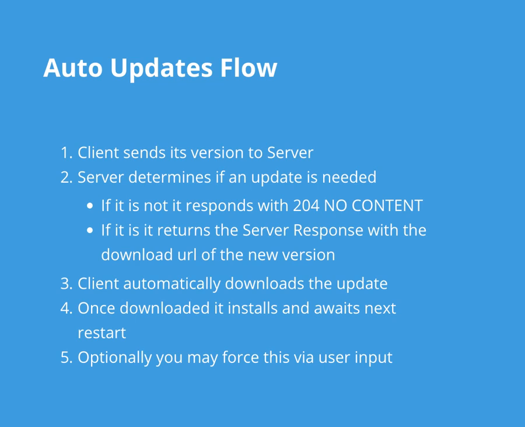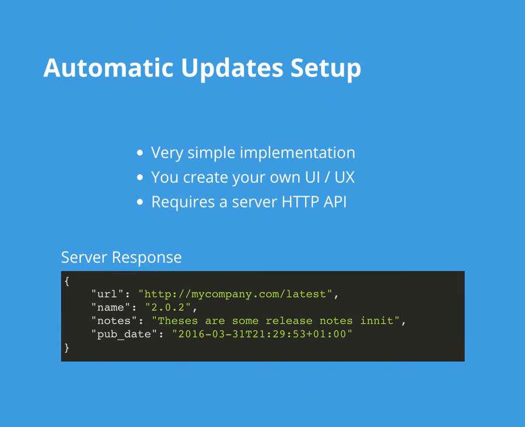The server takes that request and determines if an update is required based on the reported version from the client. If no update is required, then the server responds with no content. But if an update is required, then the server sends the response we saw in the previous slide, right here.